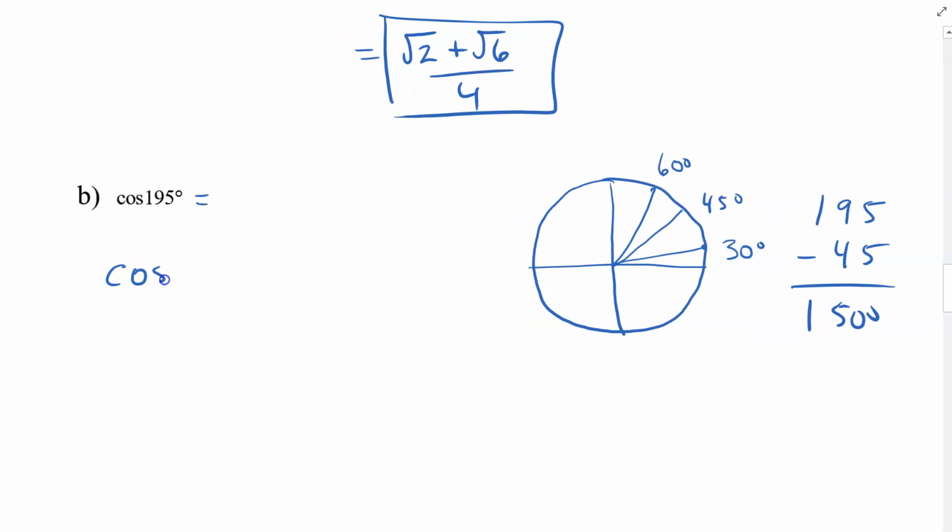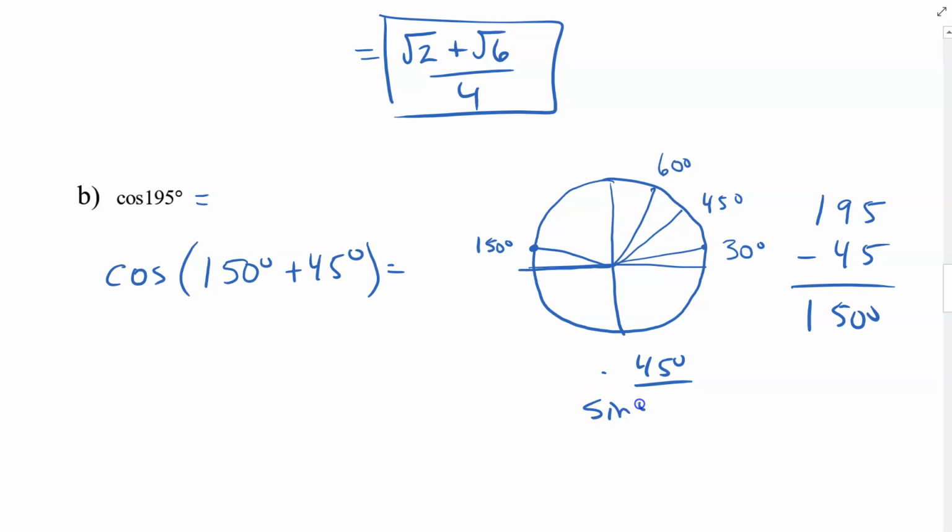Equals the cos of 150 degrees plus 45 degrees. Let me think about where 150 is. So 180 is here, so there is 150. For 45 degrees, if I think of these ahead of time, the sine of 45 degrees is root 2 over 2.